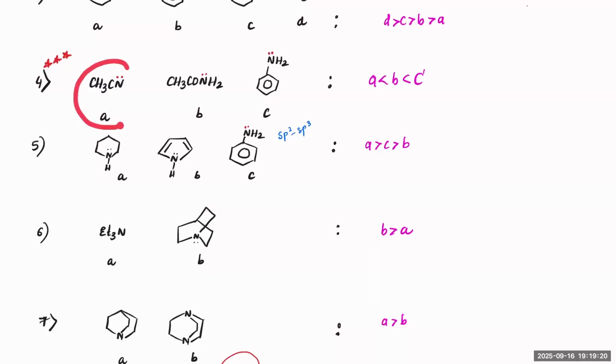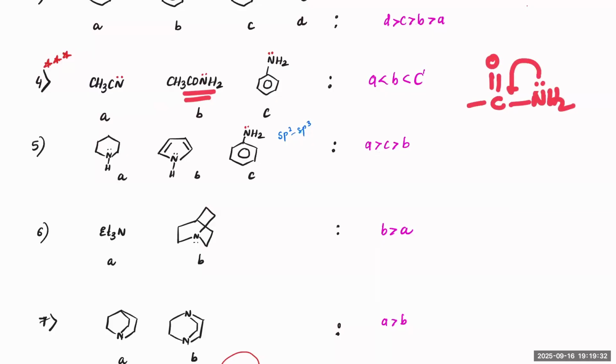Next. Now, if you compare this A, B, C here, this is delocalized. But here you notice that when you have C double bond O NH2, this delocalization is very highly enriched towards oxygen, which means it will most of the time exist like this. So the lone pair is hardly available on nitrogen, understood?